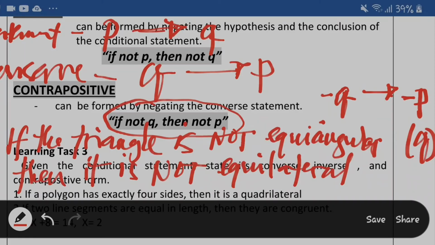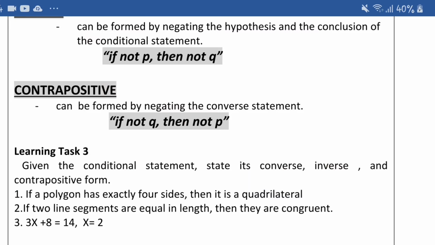Now, do the learning task. Given the conditional statement, state its converse, inverse, and contrapositive form. We have three statements. Number 1, if a polygon has exactly 4 sides, then it is a quadrilateral. Number 2, if two line segments are equal in length, then they are congruent.